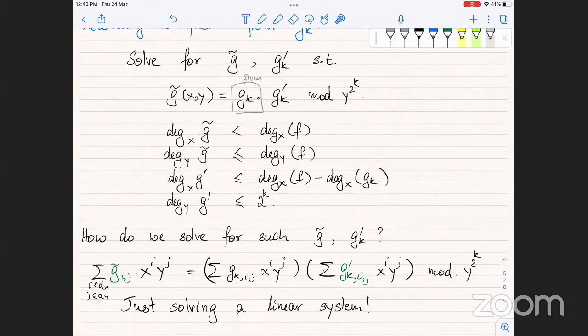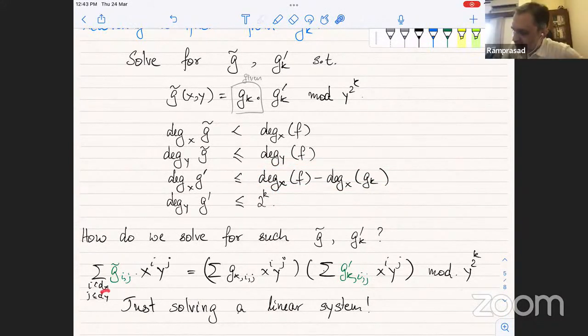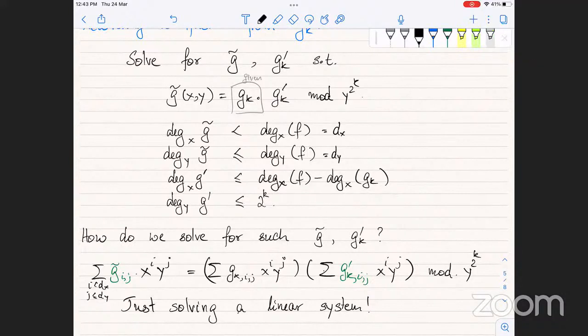What do you mean by degree of x? I'm just calling this dx and this dy. I originally wanted to factor f. So if there was a proper factor, I know its x degree will be strictly smaller than the x degree of f, and the y degree will be at most the degree of f.